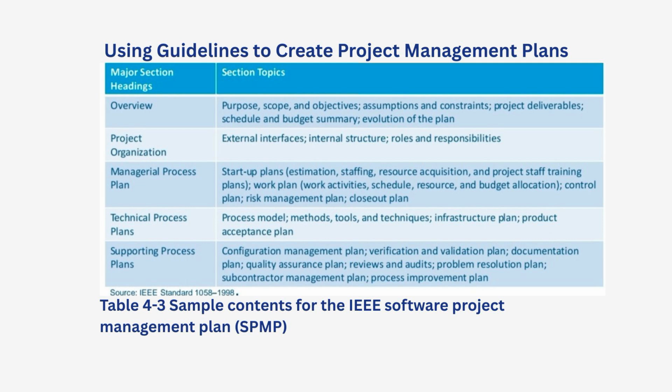Next one is managerial process plan: startup plans, estimation, staffing, resource acquisition, and project staff training plans. Work plan: work activities, schedule, resource, and budget. Location, control plan, risk management plan, closeout plan.